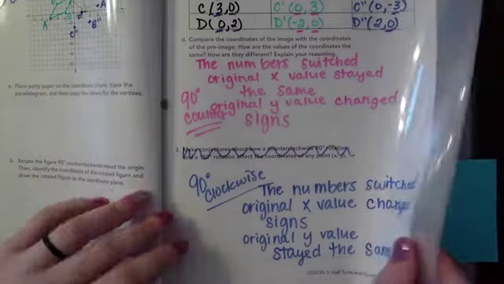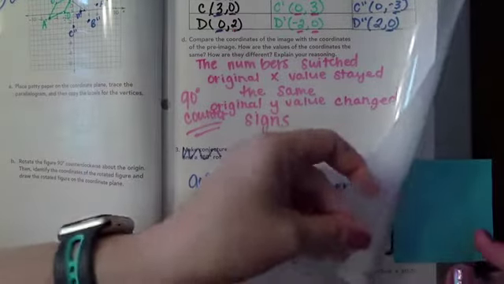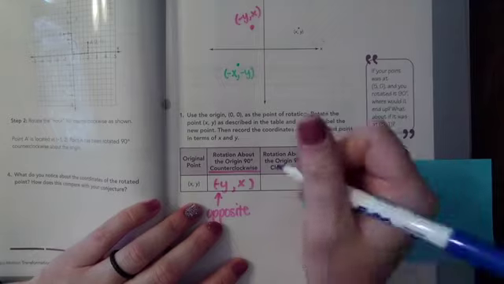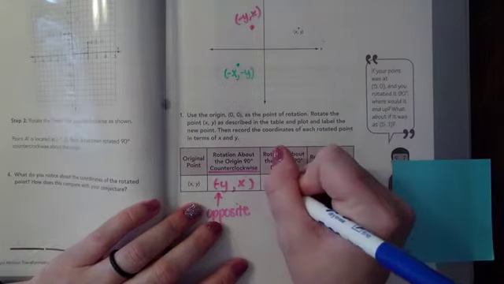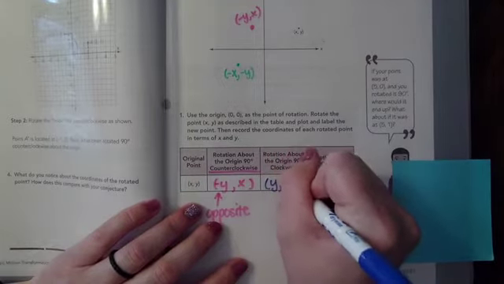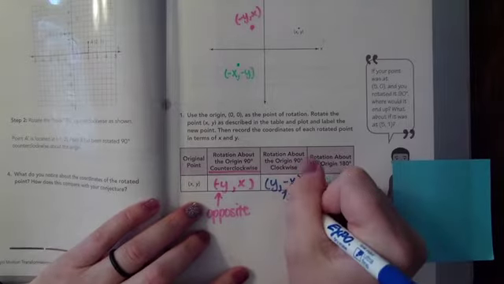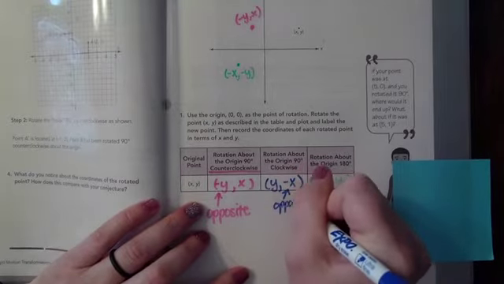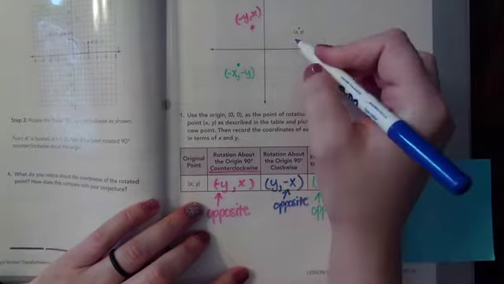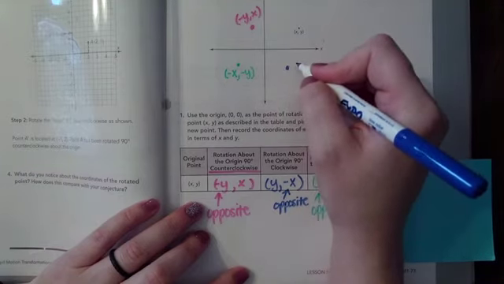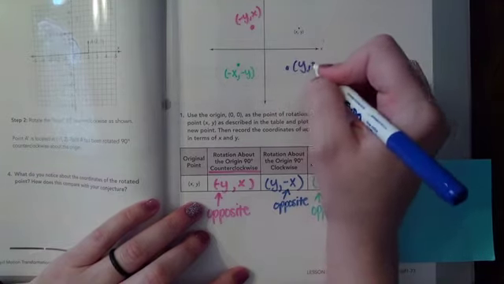So we're going to write that on our page in 173. So then it became y, -x. The x value is the one that changed this time. So opposite. So then it became y, -x.